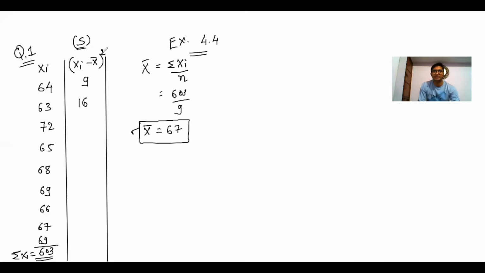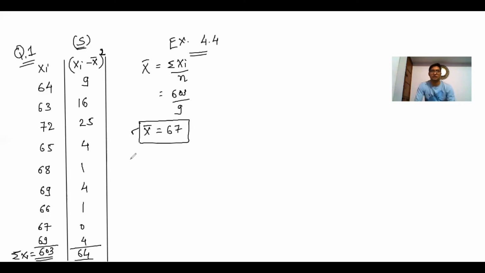The square itself suggests that every answer will be positive. It works as a modulus. So the remaining data are as shown: 9, 16, 25, 4, 1, 4, 1 and 0, 4. So the total of all these is 64.